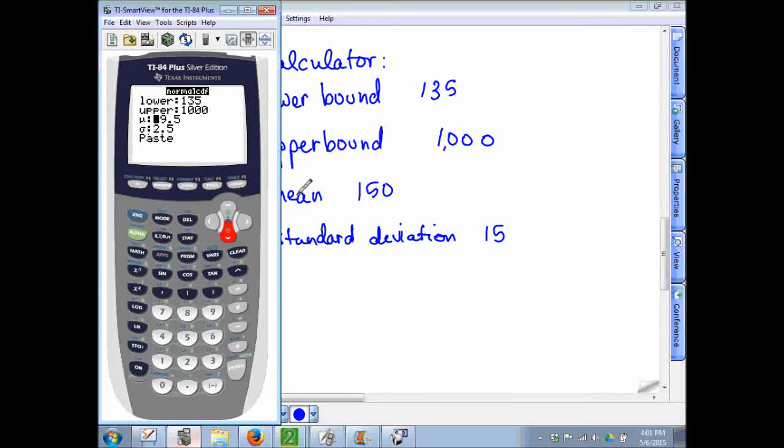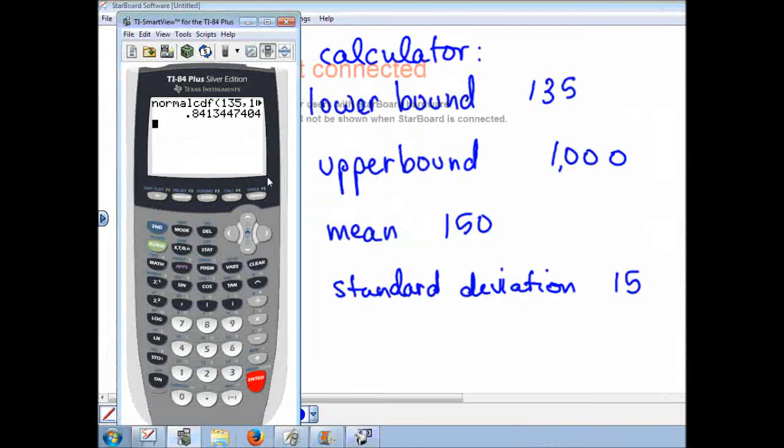This funky looking U, that's your mean or your average, so 150. And then the standard deviation, that's this little sigma, that was 15. And then you hit enter on paste. So you can see here it says 0.84. It's 84%.